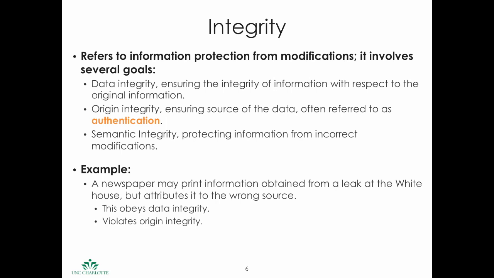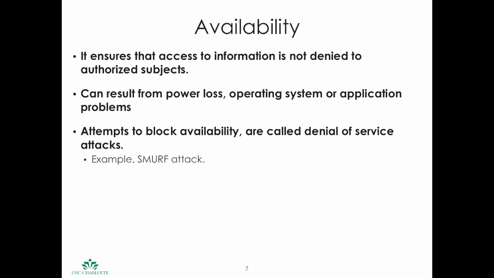For example, if a newspaper prints information from a leak at the White House but attributes it to the wrong source, in that case, the data integrity is being ensured. However, the origin of the source of information is not being ensured. Therefore, this violates the origin integrity.